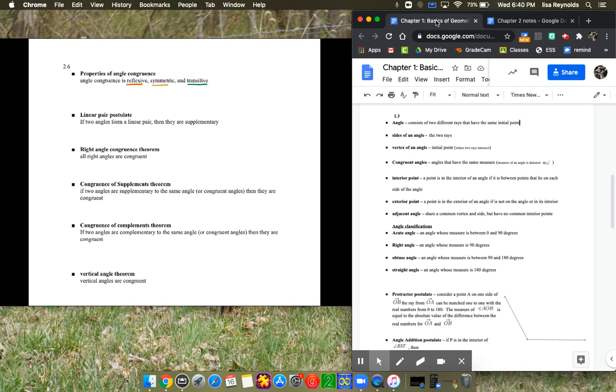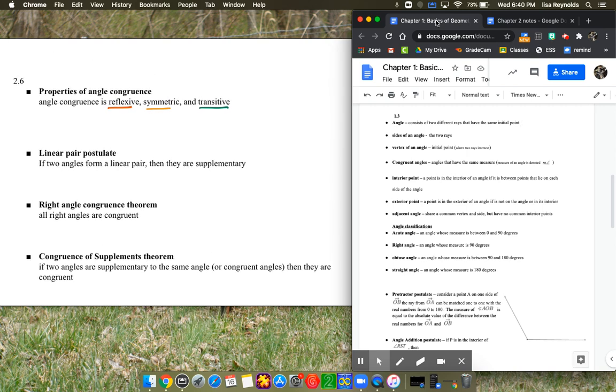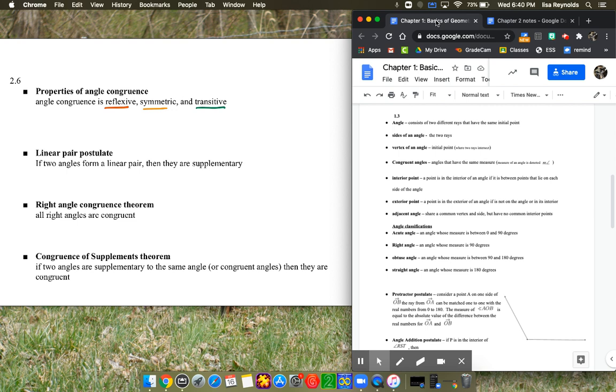So when we are looking at these statements, our reflexive property would be where we simply state that an angle is congruent to itself.